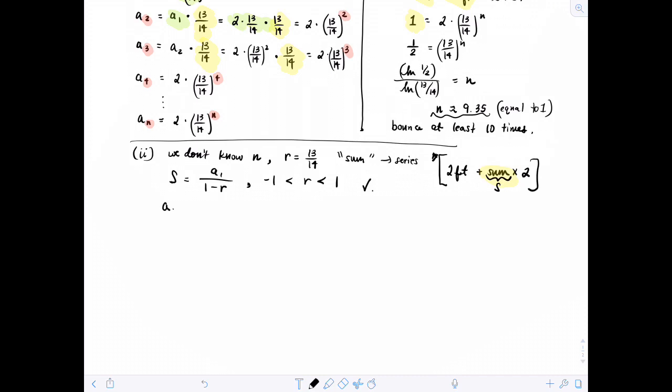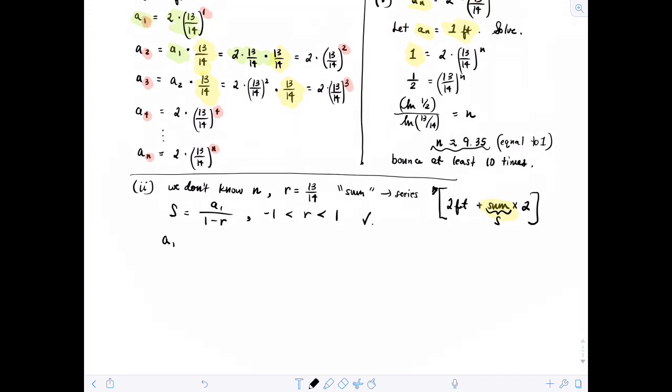So we know a sub 1. We can grab it from up here. A sub 1 was 2 times 13/14. R is equal to 13/14, and so therefore s is equal to 2 times 13/14 over 1 minus 13/14. I would just put this in the calculator.